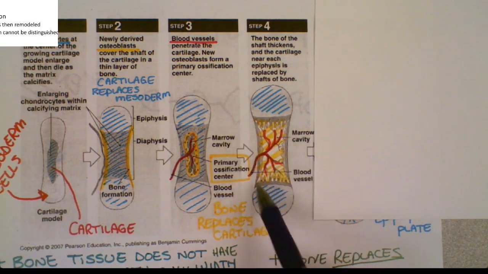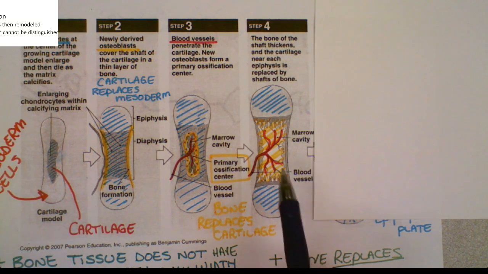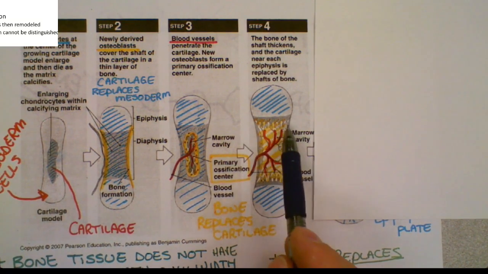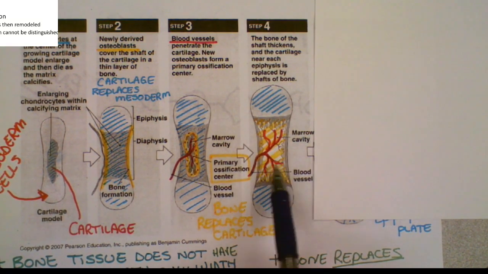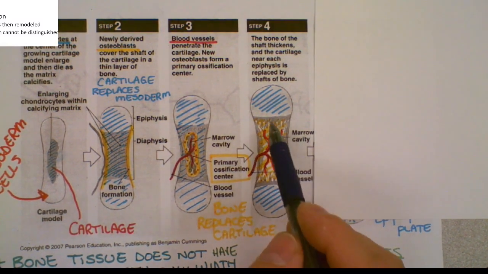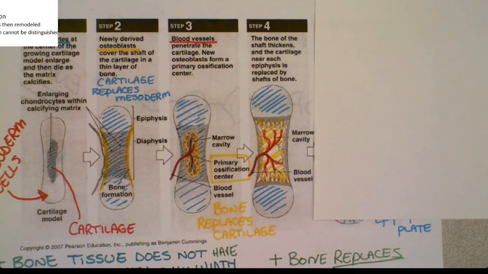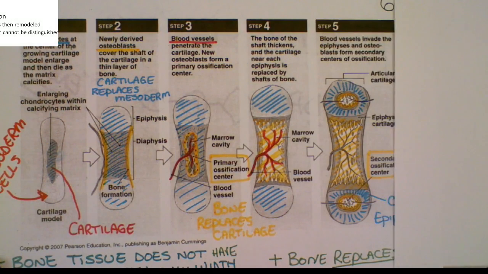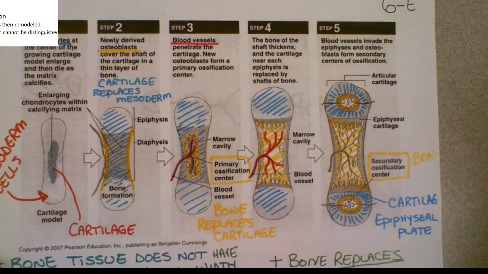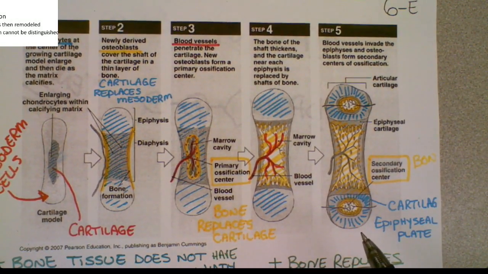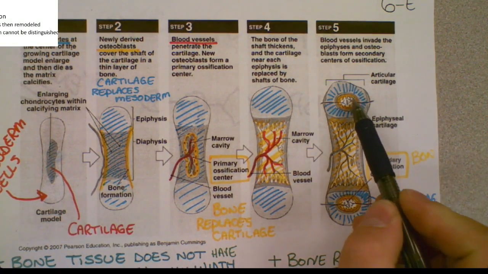You could think of this as a femur or a humerus or an ulna. The bone has completely replaced the cartilage in the diaphysis, and it's pushed that cartilage into the epiphyses of this structure.